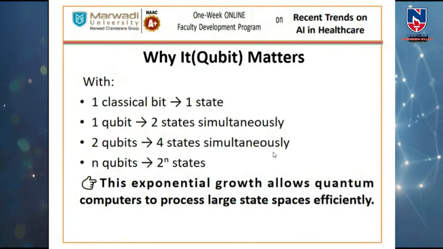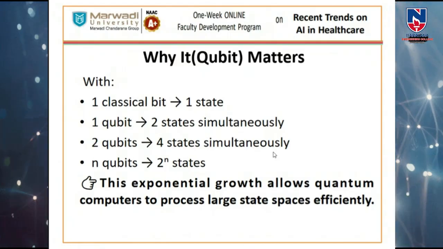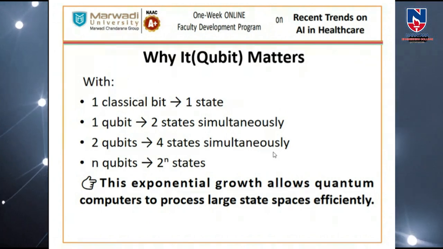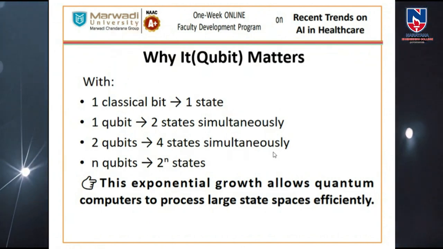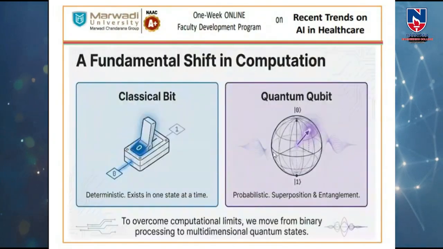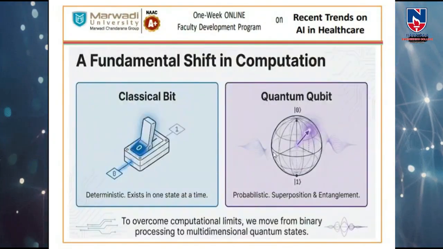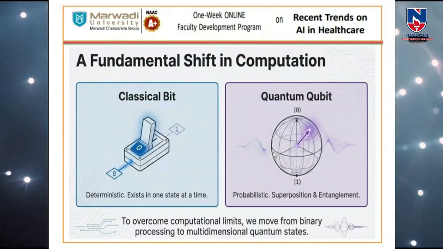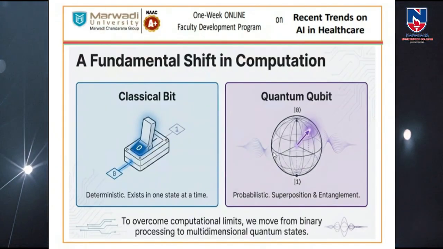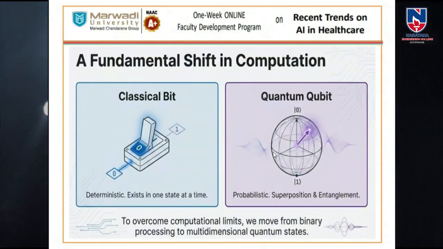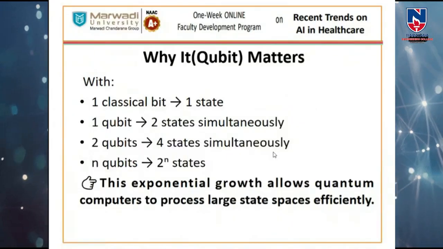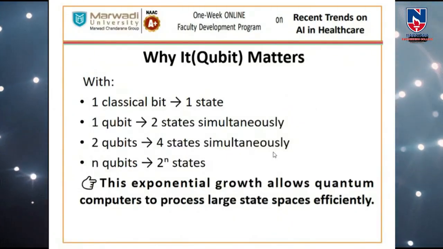Before that, let's understand the basic difference between conventional computing and quantum computing. In conventional computing, we are using the classical bit, whereas here you are using a quantum bit. With the classical bit, you can process one state.